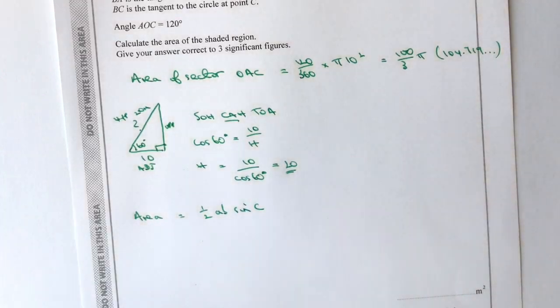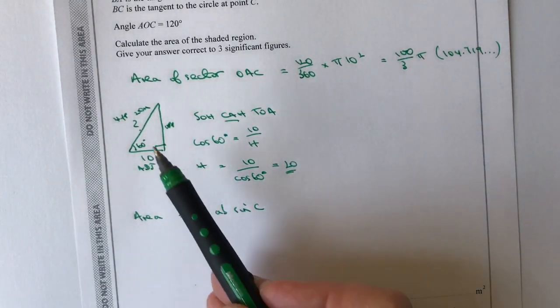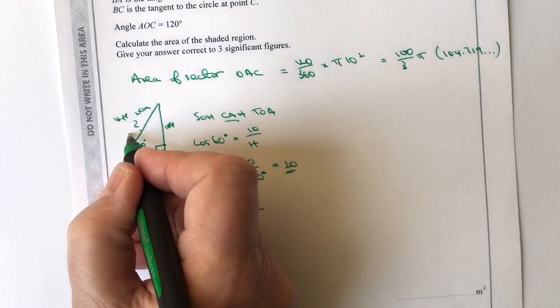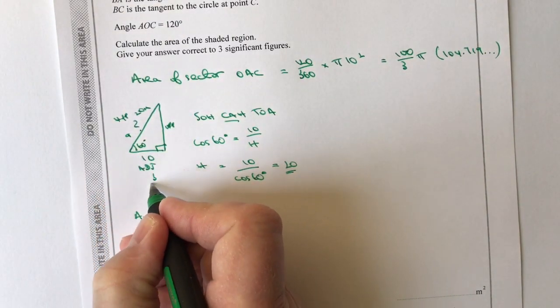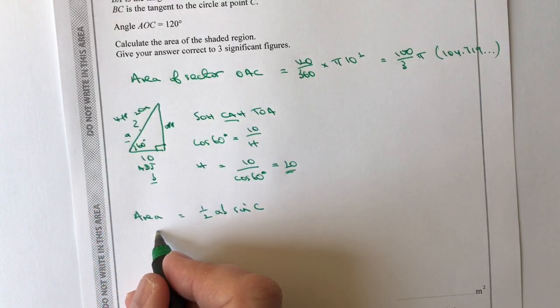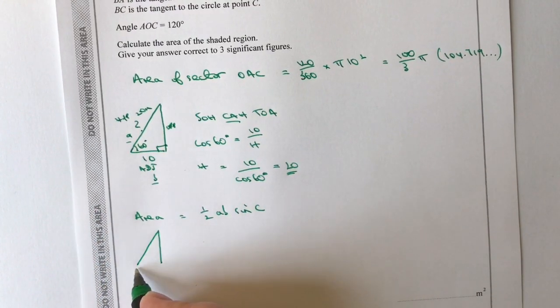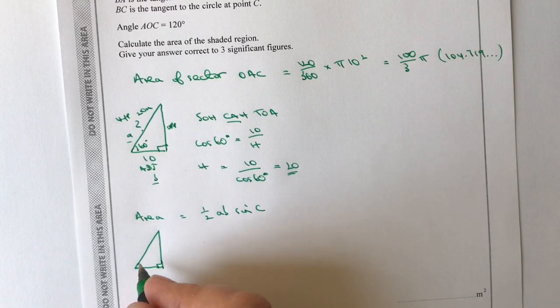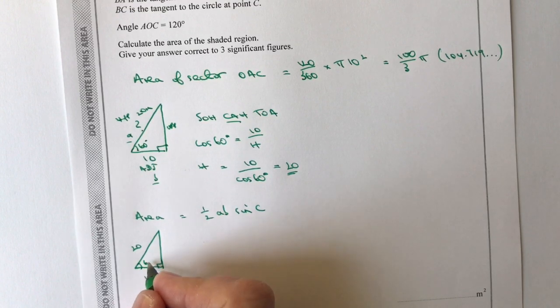So what we've done is we've got this triangle. Now I know we've got two of them, but we know that that actually is A and this is B. So I'm going to redraw it just so that you can see it for yourself. Now I know a fair bit about these two triangles. This is 20, this is 10, and this is 60 degrees.